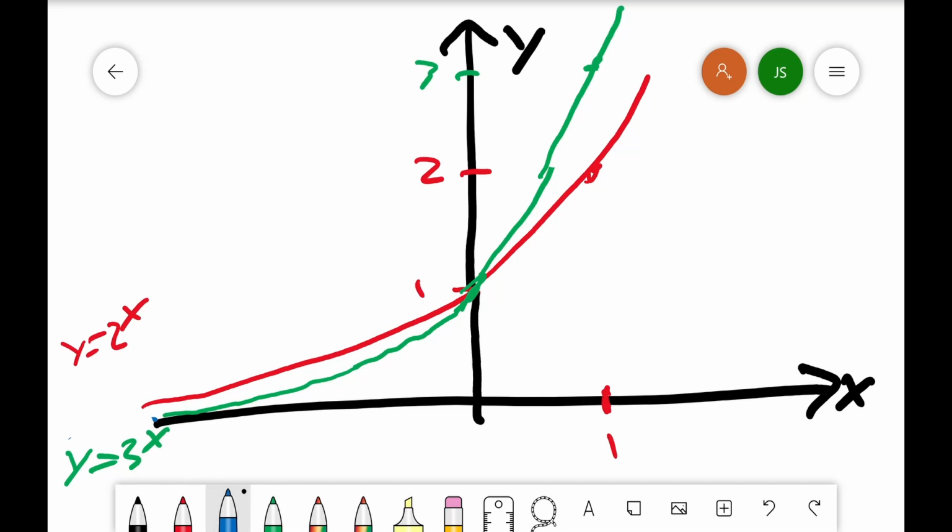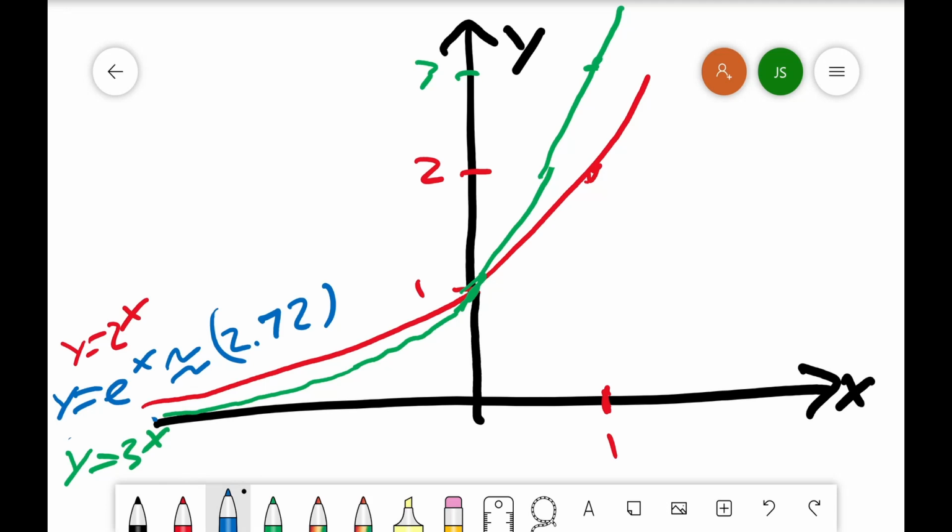Then finally, y equals e to the x. Well, remember, e is approximately 2.72. So it's between 2 and 3 is the important value, like how pi is a little bit bigger than 3. It's really what's important a lot of the times, not always, I guess.